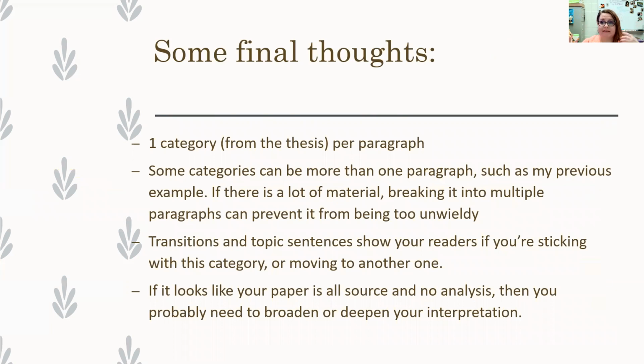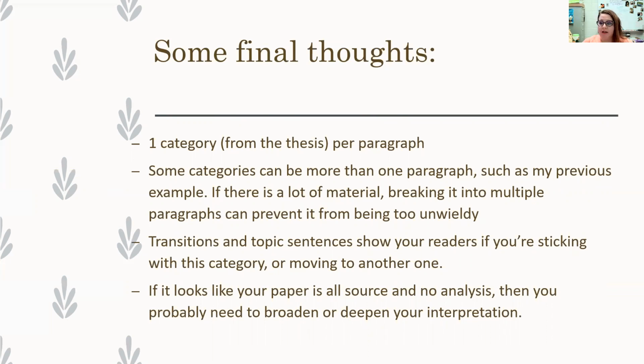Remember, your thesis will be broken down into categories or subtopics, and there should only be 1 per paragraph. If you find that multiple categories are in the same paragraph, then you probably need to do a little bit more interpretation and separate them out. And some categories can be multiple paragraphs, like in my previous example.